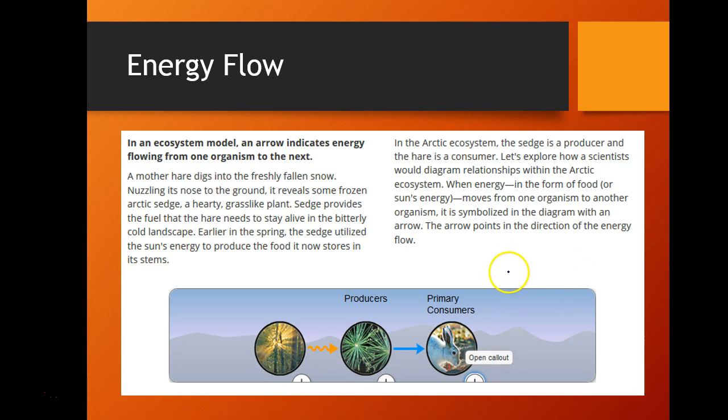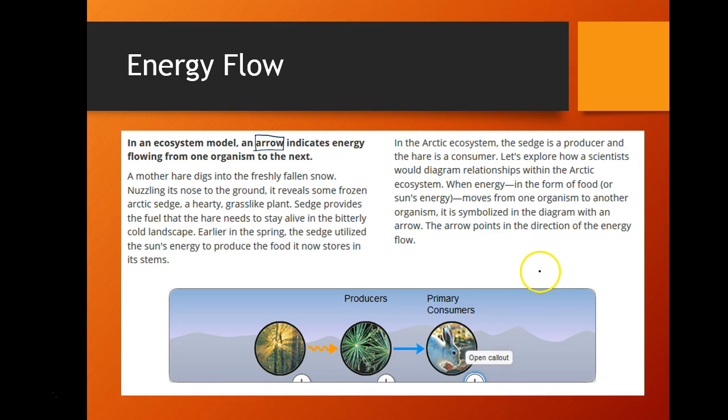Okay, so when we talk about food webs and food chains, we do need to know a little bit about how energy flows in an ecosystem. So when we talk about an ecosystem, we use an arrow to show how energy is flowing or transferring from one organism to the next.